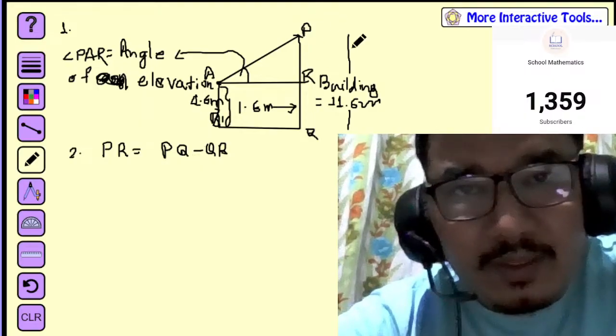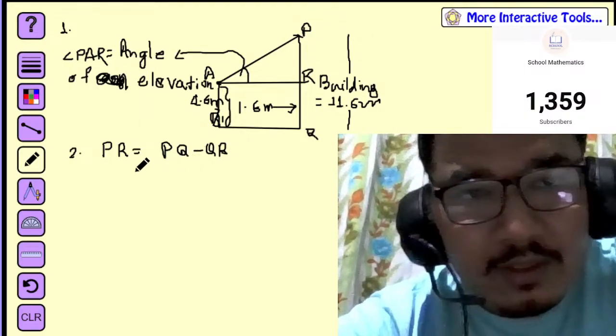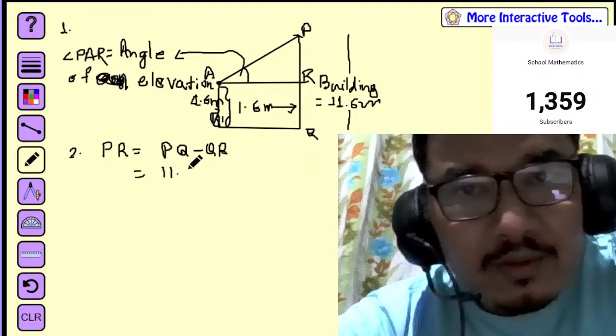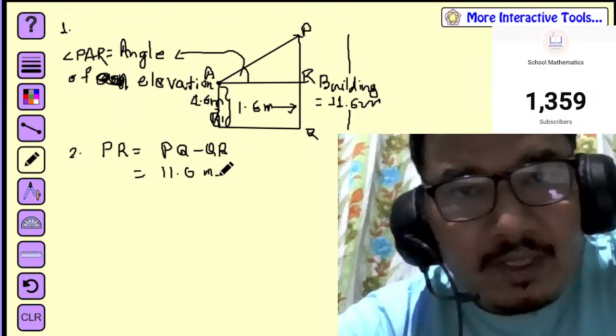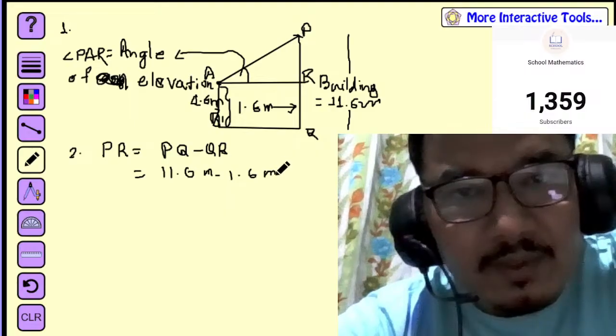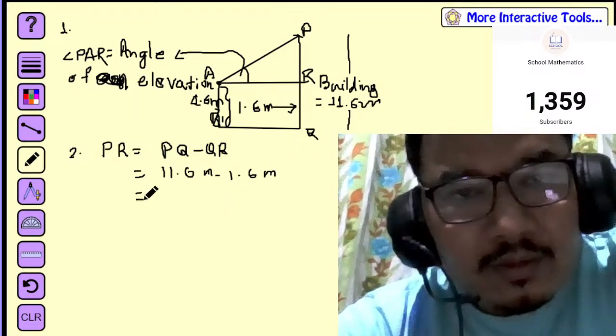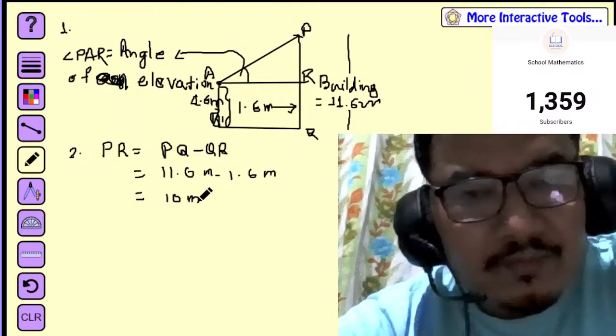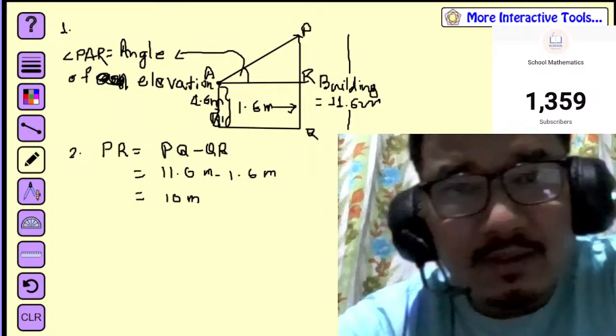From P to Q is given as 11.6 meter, minus this QR, which is equal to the height of the person, that is 1.6 meter. When you subtract them, you will get 10 only. Its answer is 10 meter. Like this, you have to solve it.